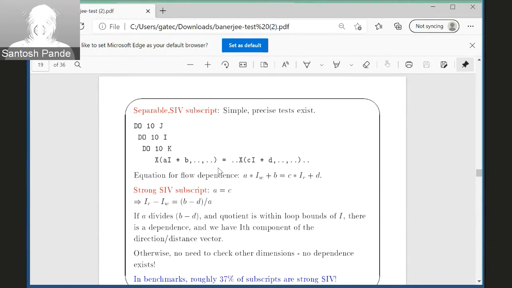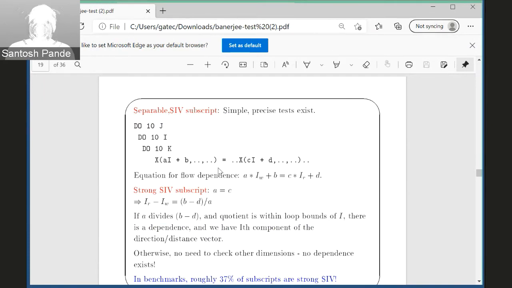And now our dependence equation would be A times I_W plus B, which is the reference generated on the write side, is equal to C times I_R plus D. So if we can find I_W and I_R values subject to these constraints, then there is a dependence. If we cannot, there is no dependence.